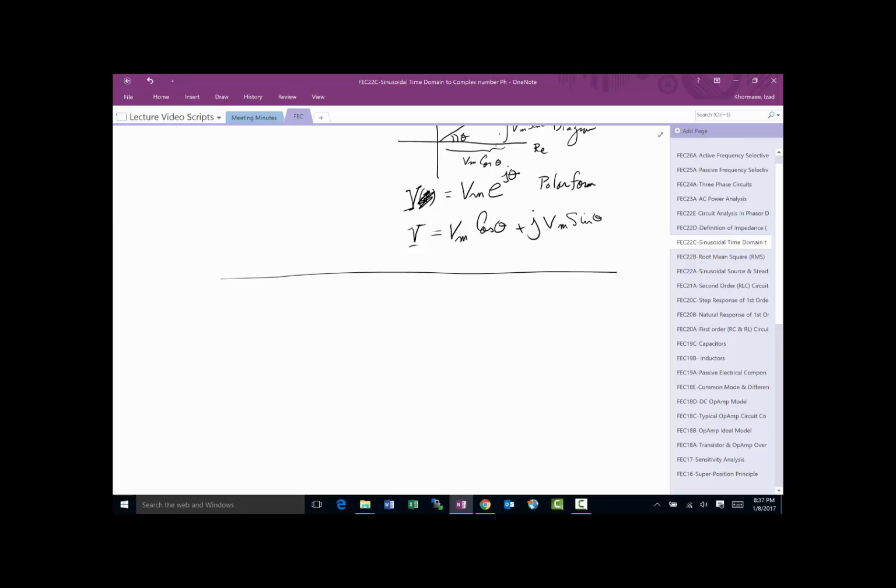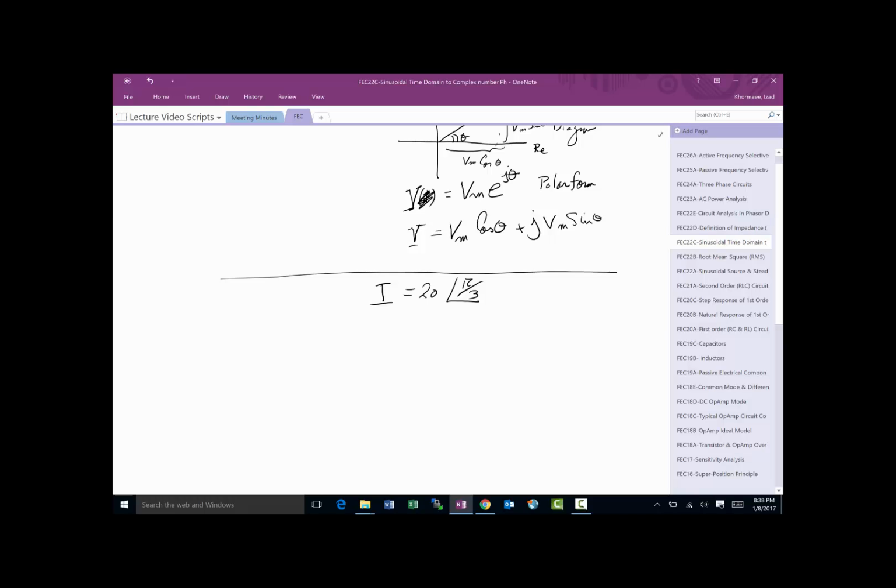Let's say someone comes to you and says, I have got a phasor value of I that is equal to 20 angle pi over 3, and they ask you, can you write the different forms of this.